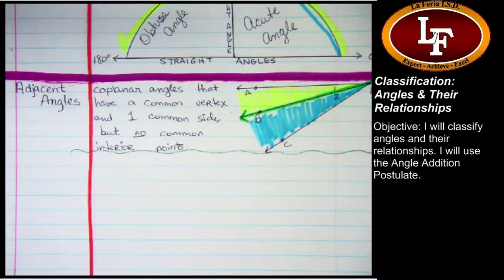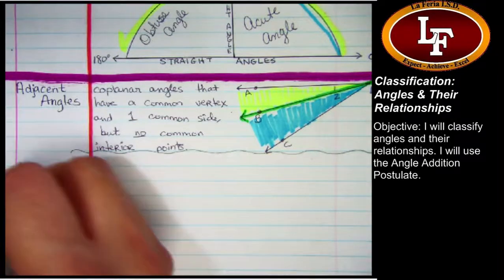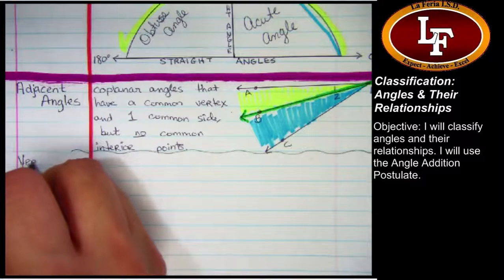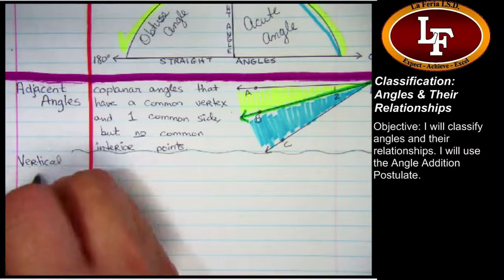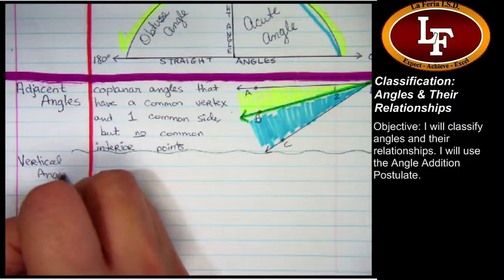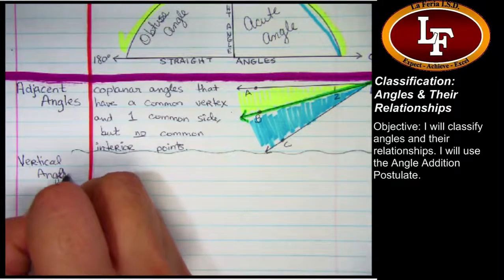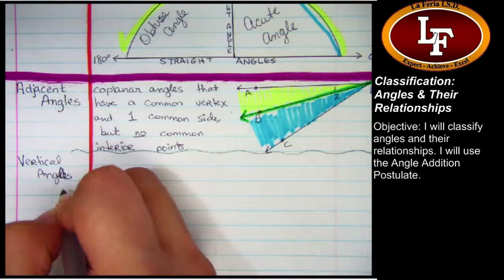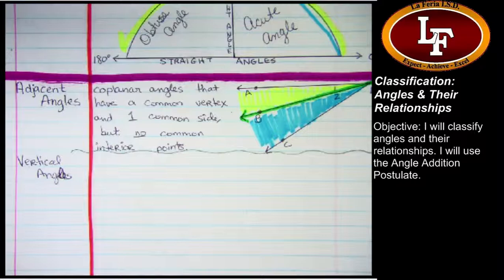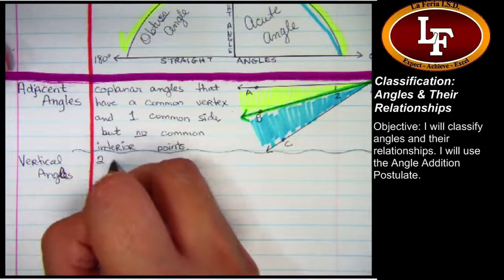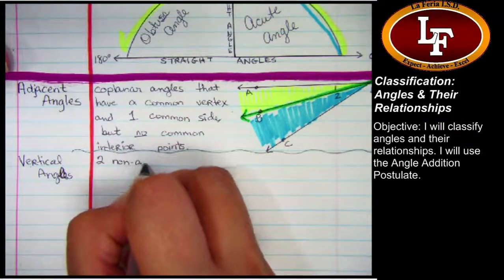Oh, I handed off the one I was writing with. Okay. The next one is going to be vertical angles. Let's spell this right, not vertical angels. Vertical angles are going to be two non-adjacent angles.